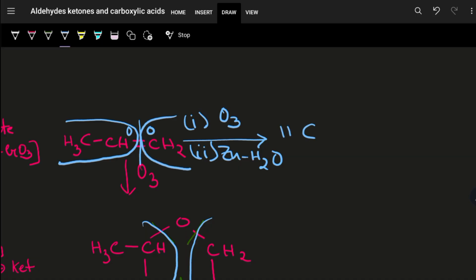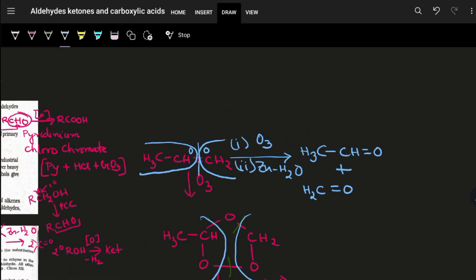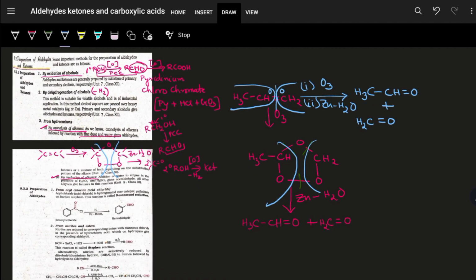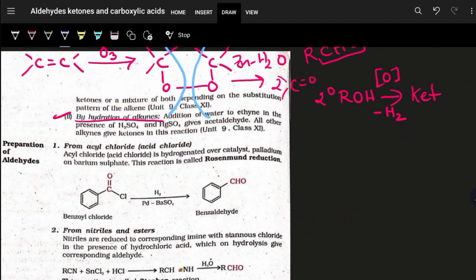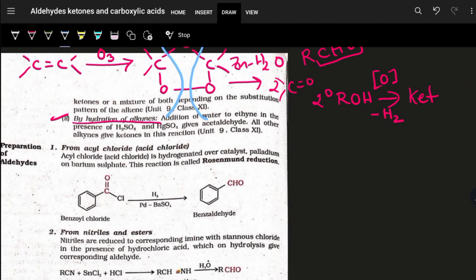So I am getting CH3CH double bonded O, that is CH3CHO, plus CH2 double bonded O, which is HCHO. This is the ozonolysis of alkene. After this, we can discuss hydration of alkynes.